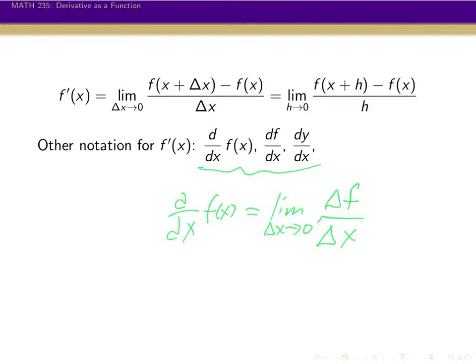We're thinking about delta f and delta x as actually representing real values. Delta x is not actually ever equal to 0, it's just going toward 0. And the d over dx, you can think of that as what happens when delta x becomes 0.